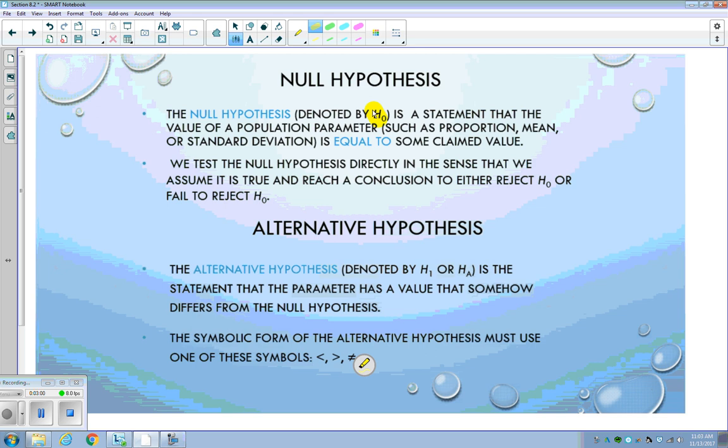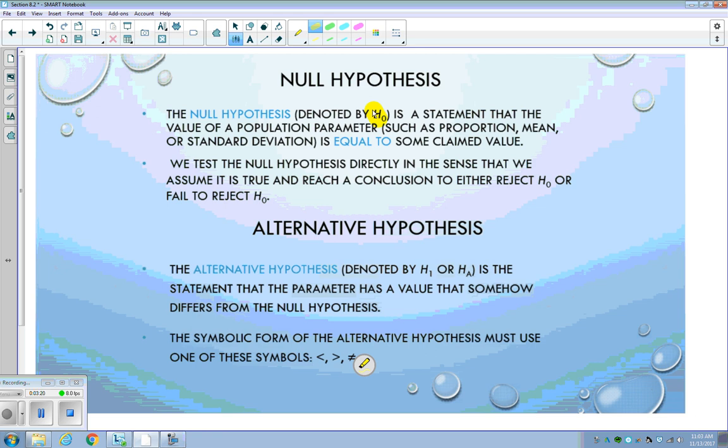It's a statement of the value of the population parameter. We could use a proportion, a mean, or a standard deviation. Well, in this class, we're only going to be testing the mean and the proportion. The mean and the proportion. We will not be testing a standard deviation in this class.